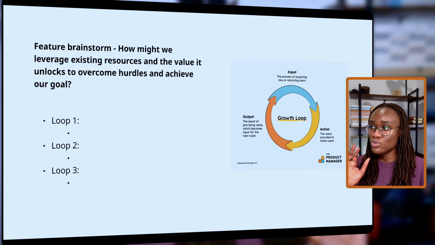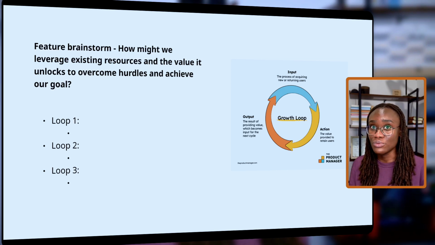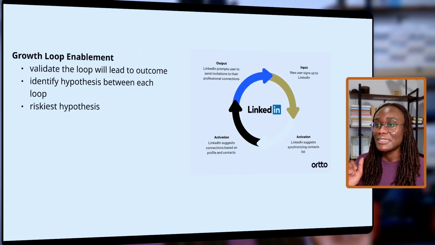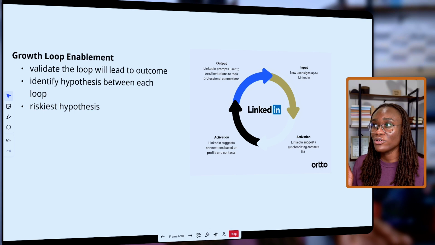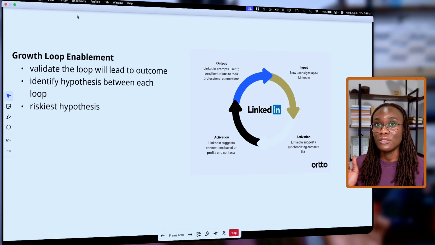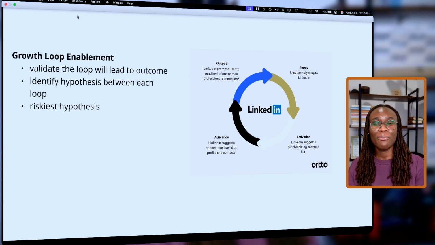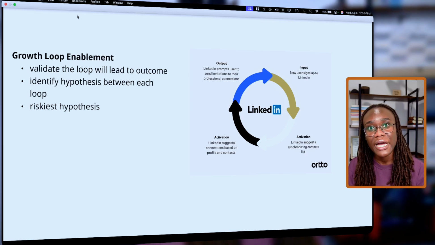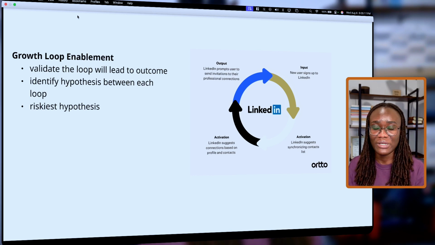Once we are able to identify the loops that we could potentially build based off of the growth opportunity that we've identified, the next thing is for us to then enable the growth loop that we've decided to prioritize. In the same way, product management 101, you're going to select a feature that you prioritize because you believe it's going to be the one that will lead to the outcome that you expect.